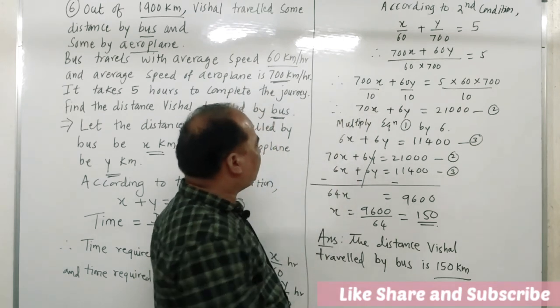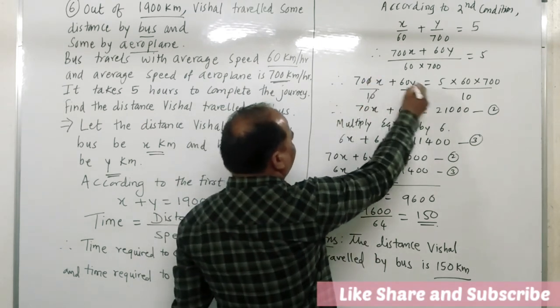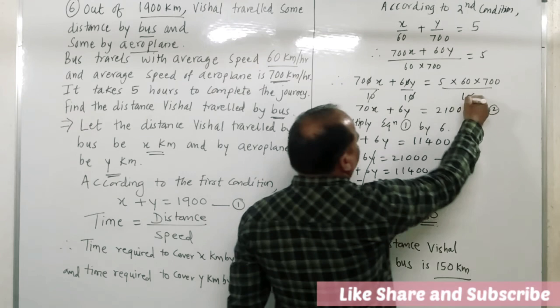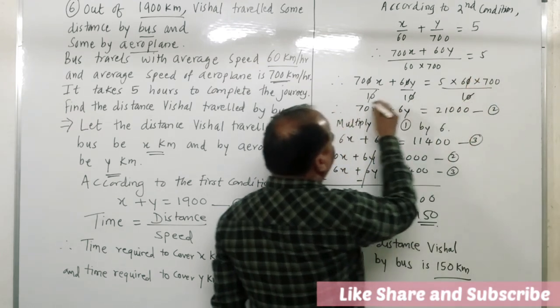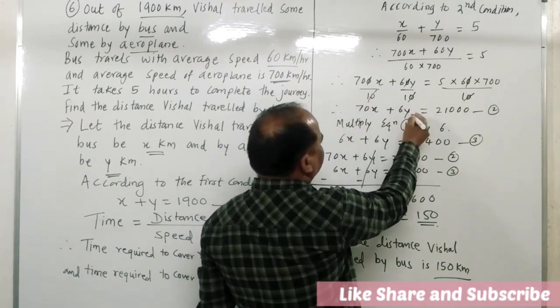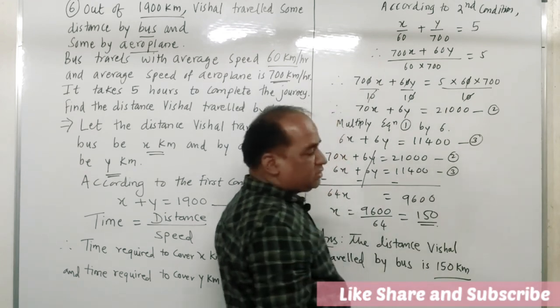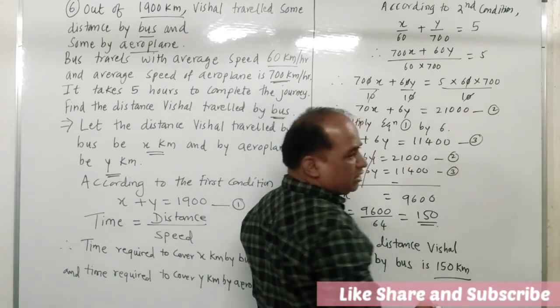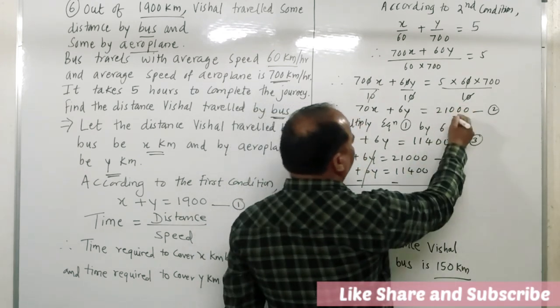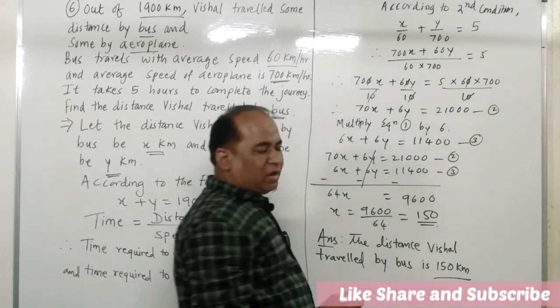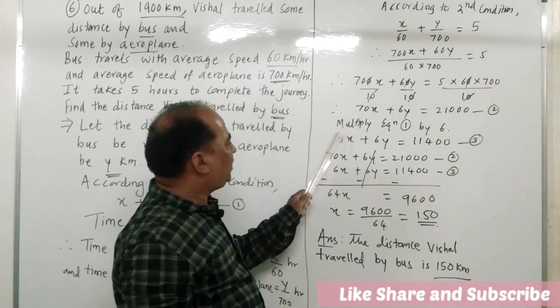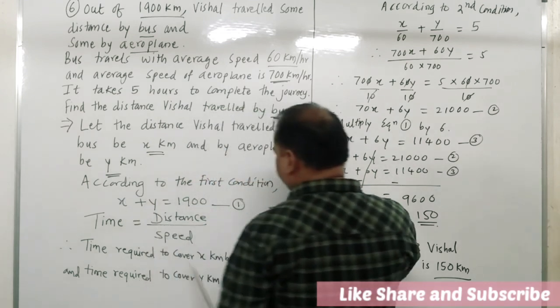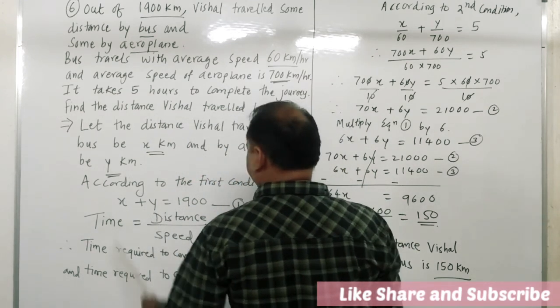By dividing by 10, the zeros get cancelled, and you get 70x plus 6y, 5 into 6 is 30, into 7 is 210, into 100 that is 21,000.